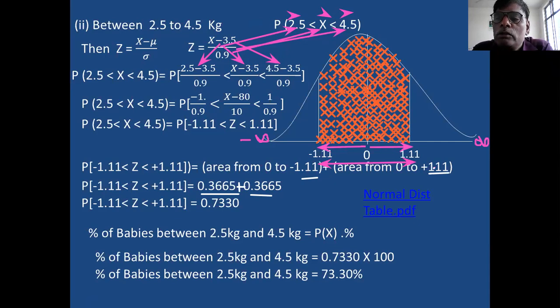Probability into n will give you the number value. And if they ask to calculate percentage, then you multiply the probability with 100, and you will get the percentage. These are the points you remember regarding this normal distribution.